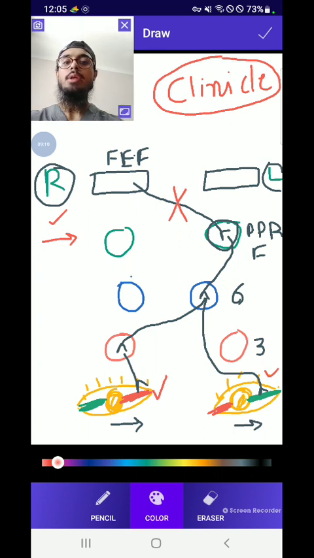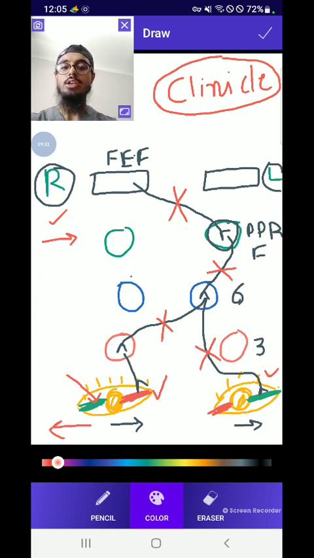Okay, when there is damage to this pathway, the frontal eye field cannot control the opposite side of the paramedian pontine reticular formation, so it is also not innervated. Now this pathway is cancelled and this pathway is also not innervated. So what happens? The opposite muscle, the lateral rectus of the right side, pulls the eye towards this direction.